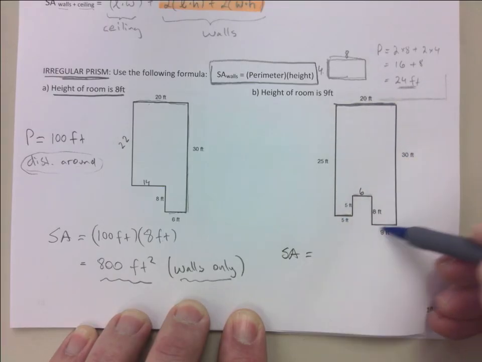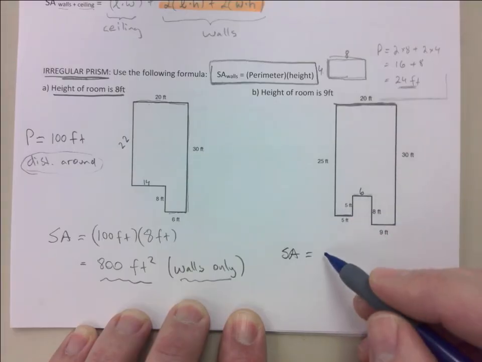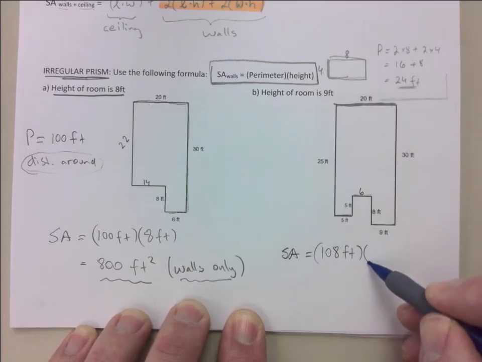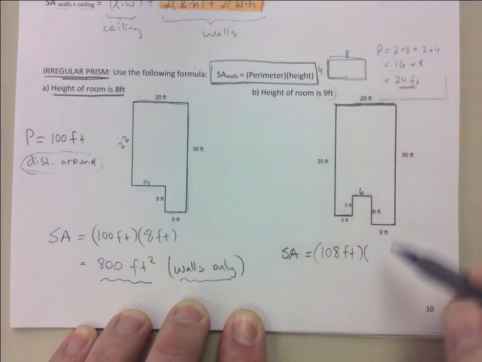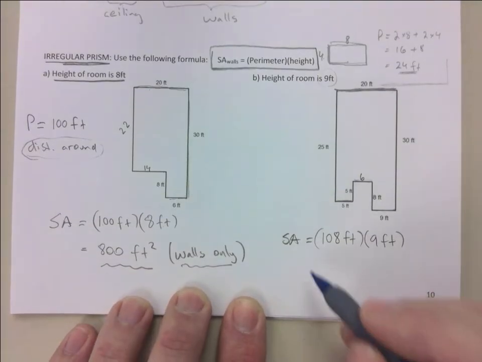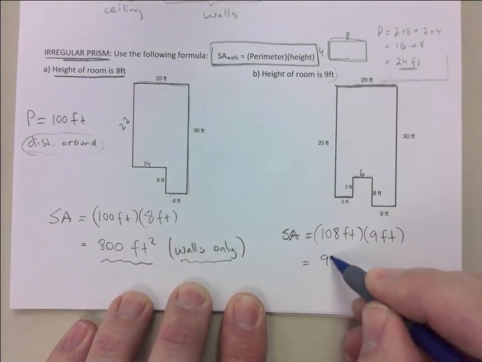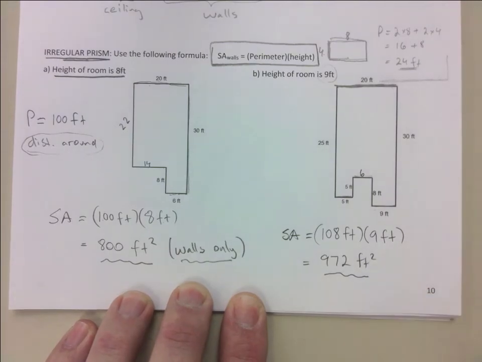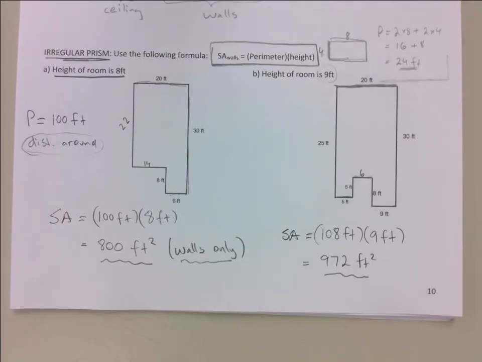You go around, and that gives you 108 feet. And you multiply that by, in this case, the room is 9 feet tall. So just multiply that and you get 972 square feet. Walls only, okay? So that's a little shortcut.